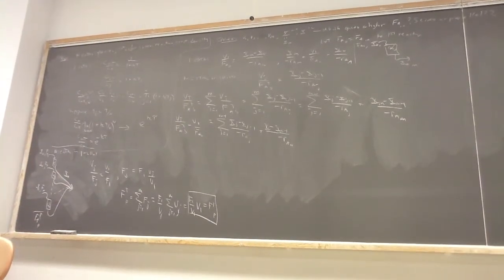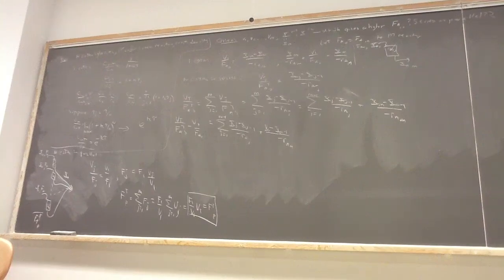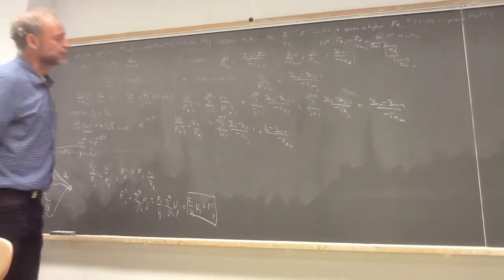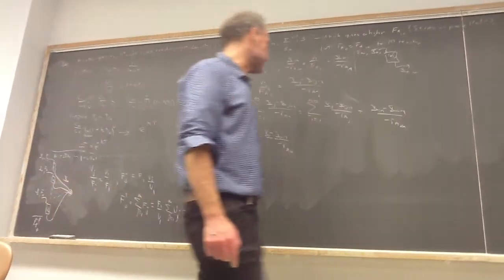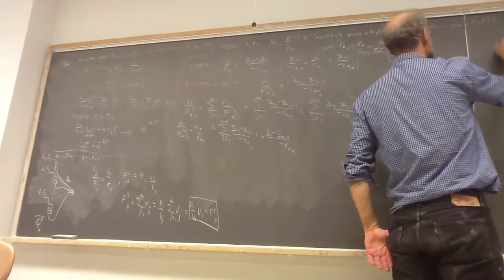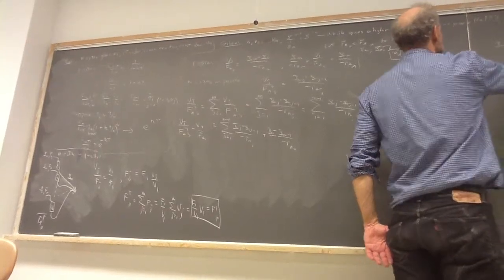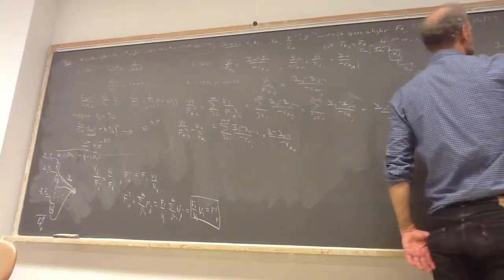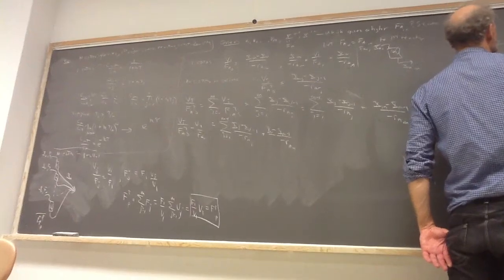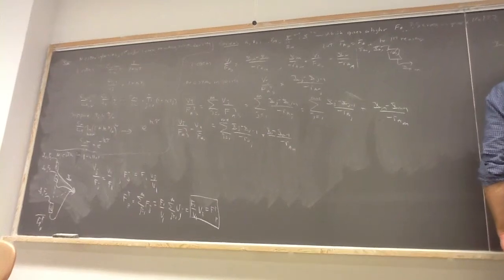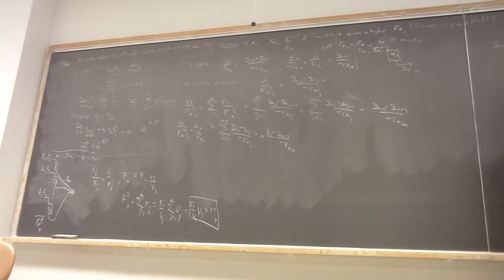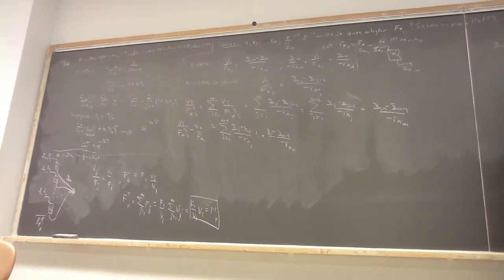Okay, so let's notice that I can do a little algebraic trick here. I can notice that x0 minus xm minus 1 could be rewritten in the following way. x0 minus xm minus 1 can be written as x0 minus x1 plus x1 minus x2 plus x2 minus x3 plus dot dot dot plus xm minus 2 minus xm minus 1.